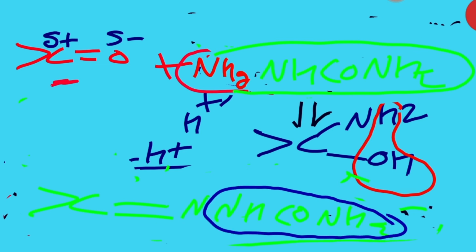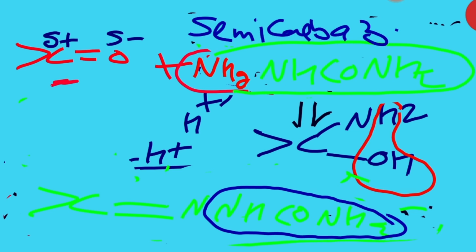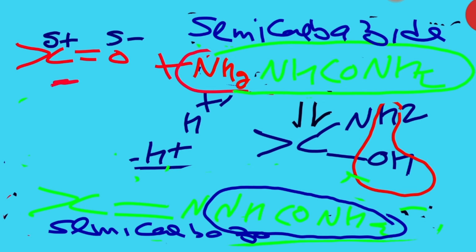And then what is it known as? This was the semicarbazide, but this product is known as semicarbazone. What do you call it? Semicarbazone. Is that clear to you all?